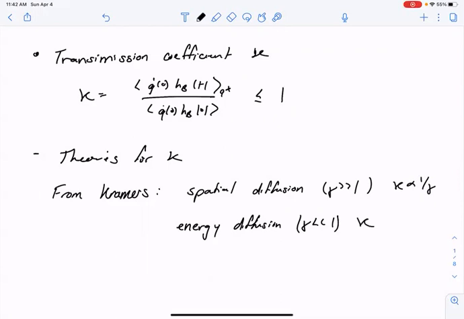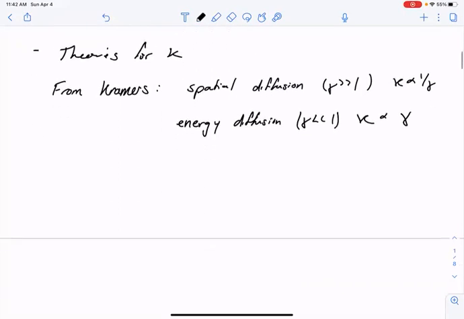The rate of relaxation due to energy transfer to the surroundings goes like the friction, and thus kappa scales in proportion to gamma directly, leading to what we noted last lecture, the famous Kramers turnover, the non-monotonic dependence of the transmission coefficient on friction, observed in lots of different sorts of systems as you tune the viscosity, or as other orthogonal degrees of freedom become more or less correlated with the reaction coordinate.